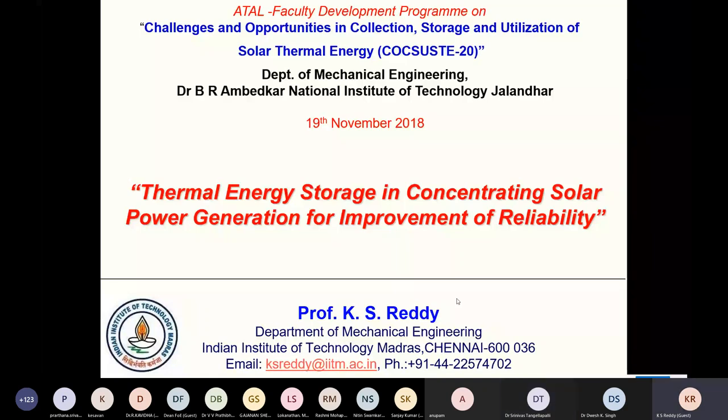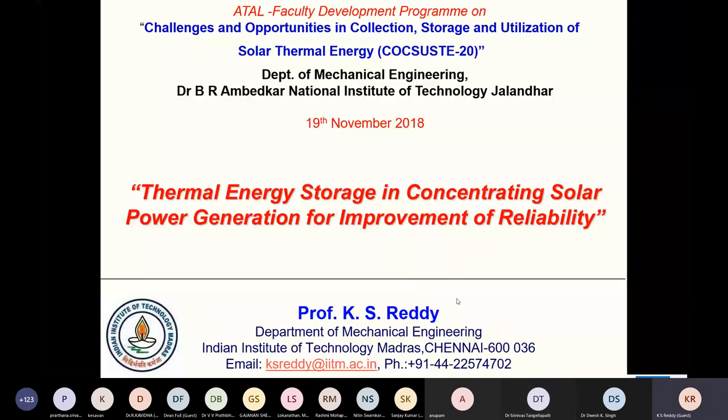Not only at night, during the rainy season, now everywhere in India is experiencing rains, we may not have solar energy. Then how do we make this solar energy available in the rainy season also? Reliability means we have to depend only on solar. 100% means that the system should be able to supply energy 24 hours and 365 days.